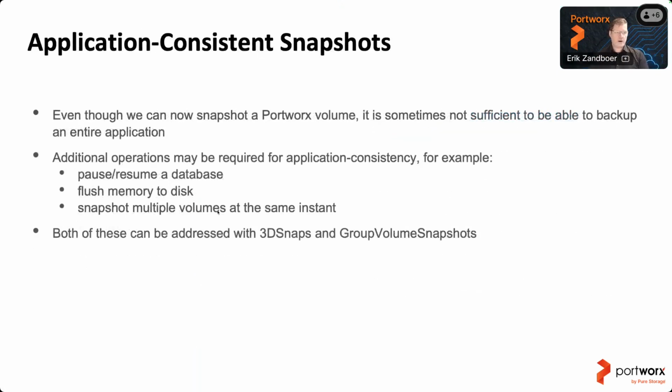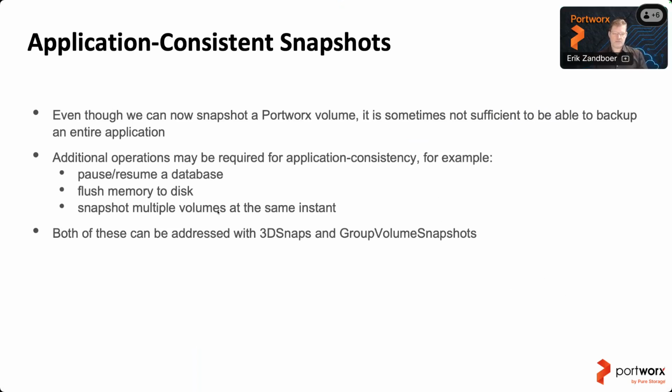What we also have are application consistent snapshots. If you have a running application and you just take a snapshot, we call it crash consistent, because the state of the disk at that point is as if the application crashed, right? It just stops at some point because we took the snapshot.